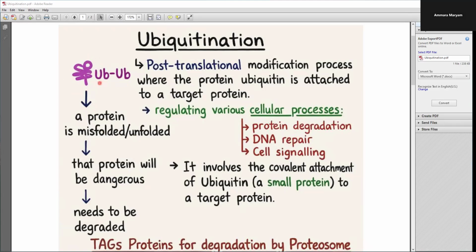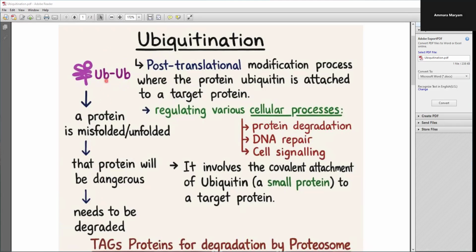We'll add the ubiquitin protein to this particular target protein. Now this protein will be degraded after the ubiquitination tag. This is the ubiquitination.